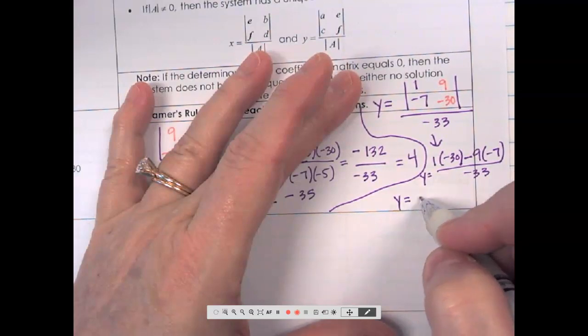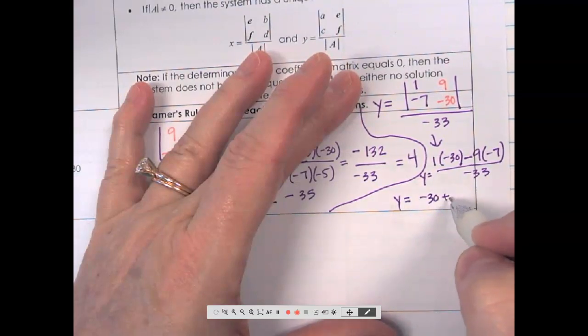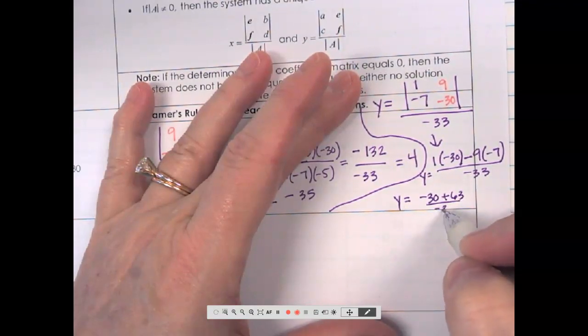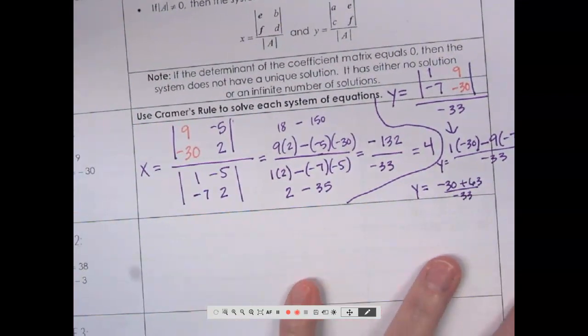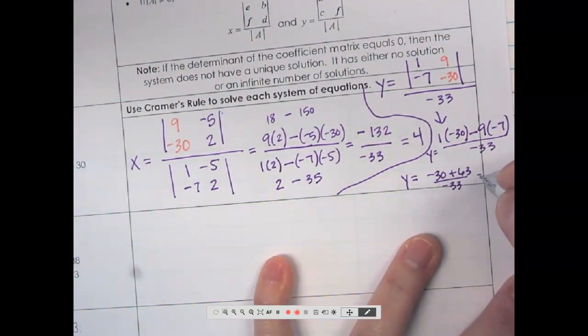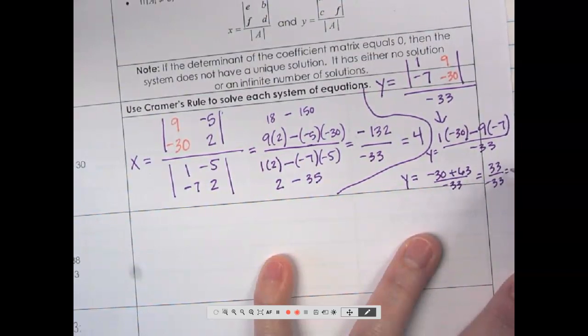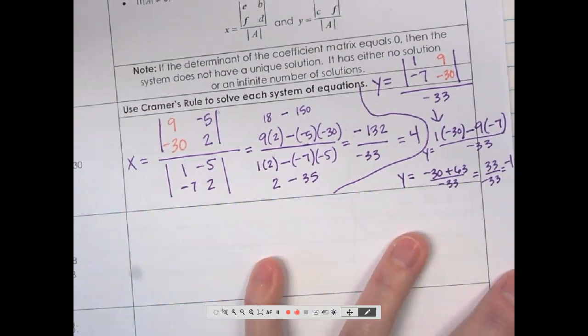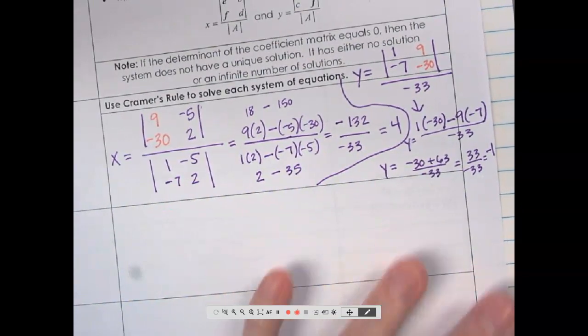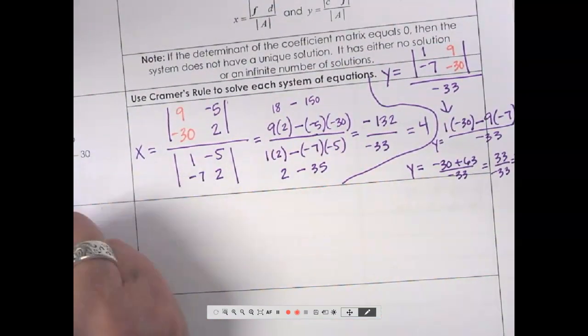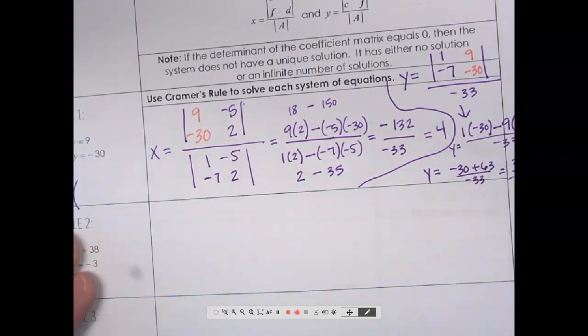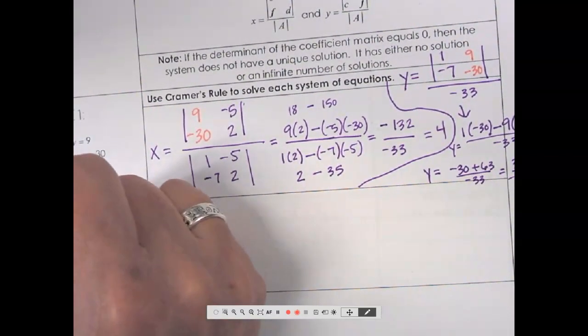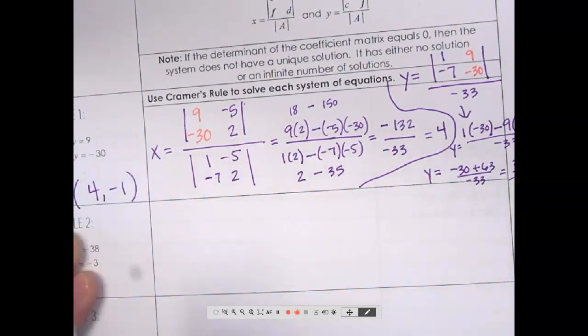So y equals negative 30 plus 63 over negative 33. And that will give me 33 over negative 33, which is negative 1. So my solution is, where was my x? 4, comma, negative 1.